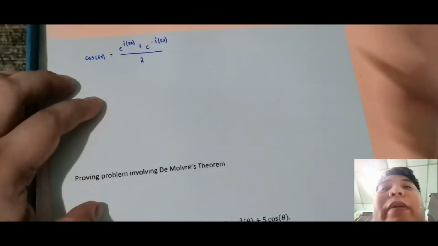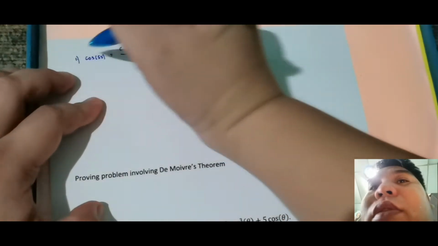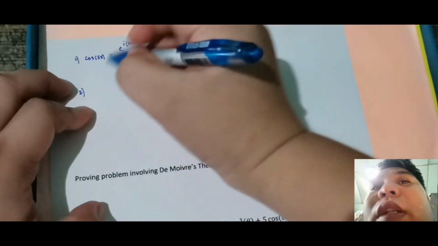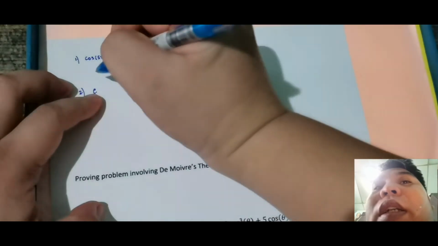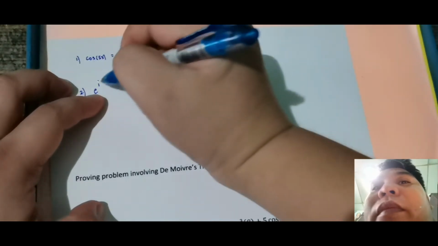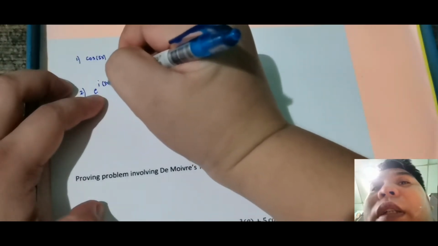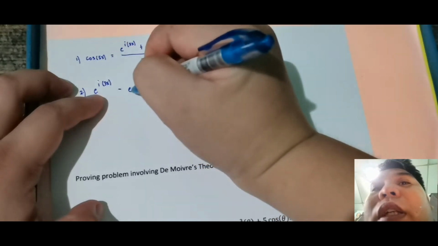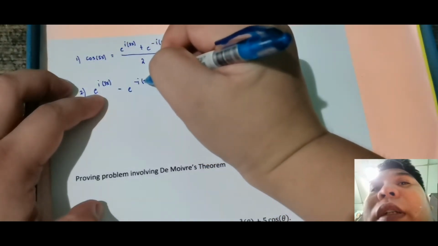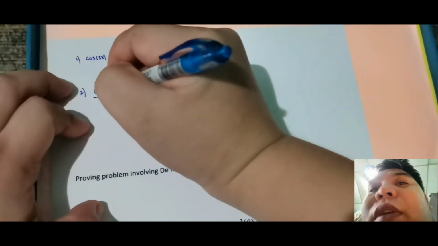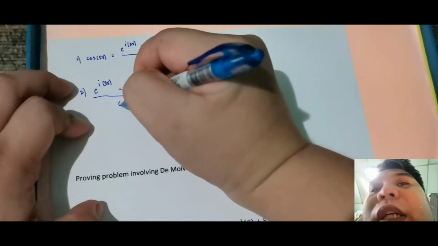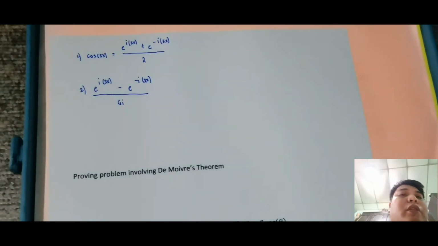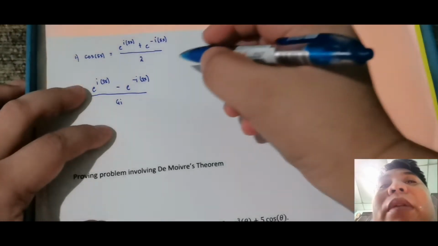So, for example, ito naman yung given. Ito yung number 2. So, for example, ang given naman is e raised to I 3x, then minus e raised to negative I 3x all over 6i. So, obvious dahil minus, alam mo sine yan. Okay, so sine something. Kaso nga lang yung ilalim is 6i. So, dapat sa sine, dapat 2i sa ilalim. So, gagawa ka ng paraan para maging 2i yan.